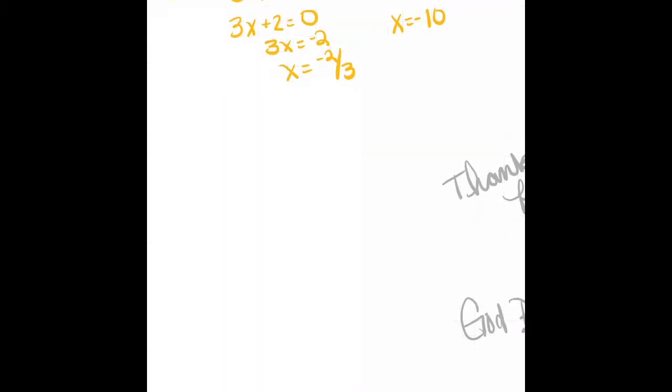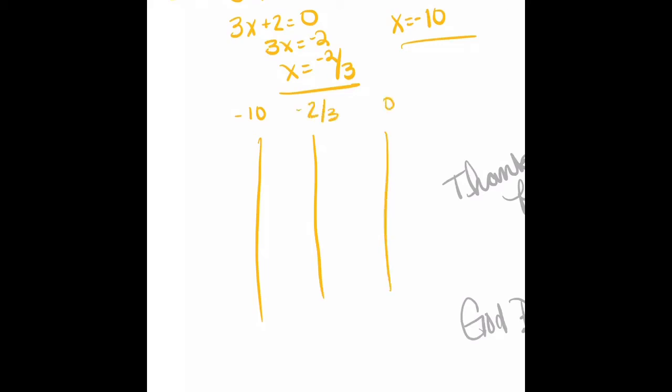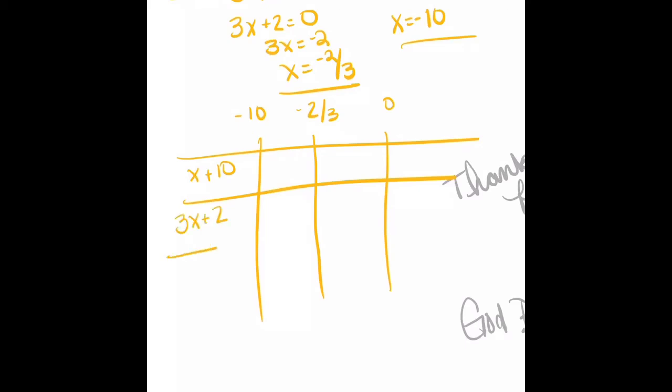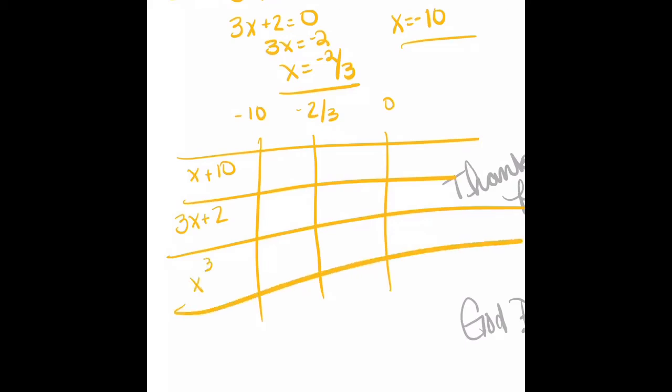Now, sign chart for these: negative 10, negative 2/3, 0. Sometimes I write total instead of full expression, but if it asks you to write the full expression, you should, but normally it doesn't.